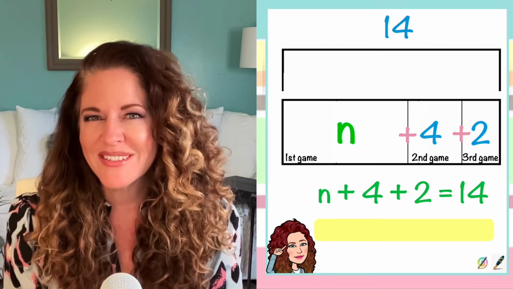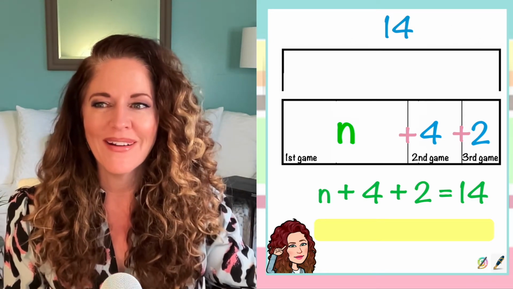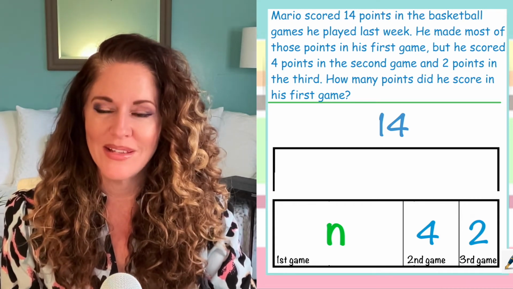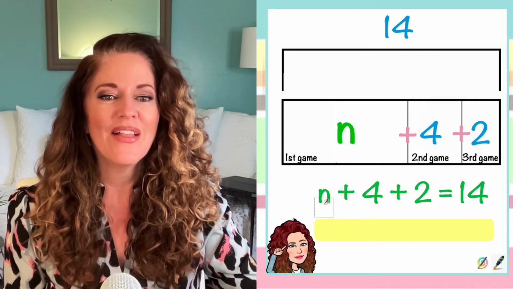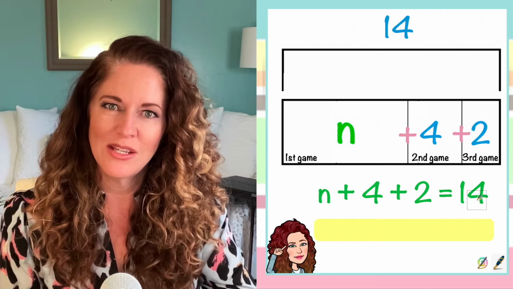But that equation doesn't exactly match my problem, because if you remember, the problem started off by talking about the 14 points. So since the problem started off talking about the 14 points, then my equation needs to show that. So how can I rearrange this equation?